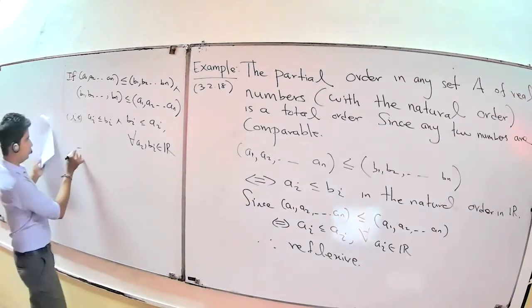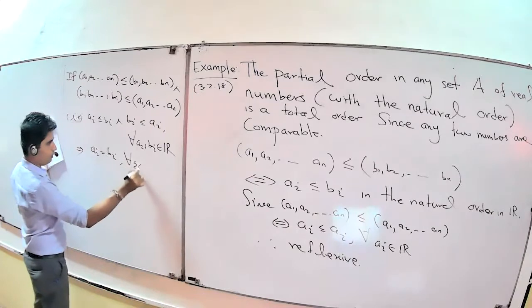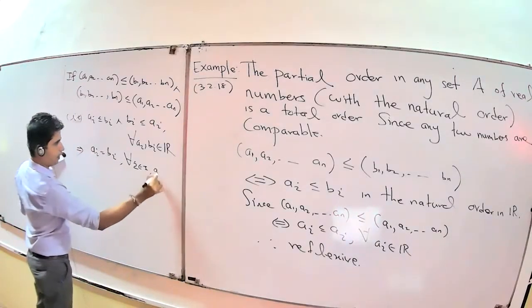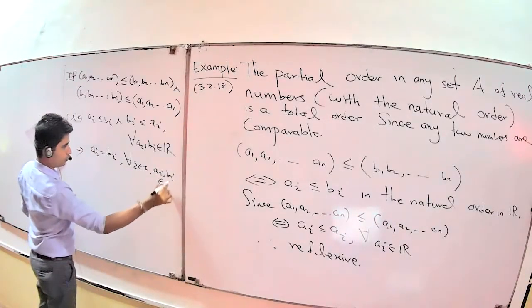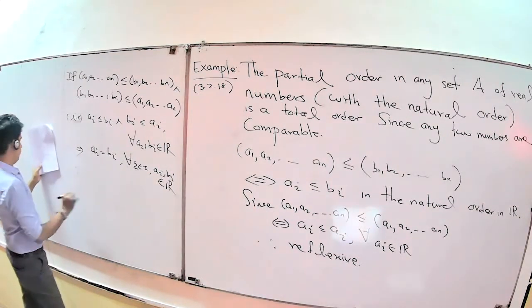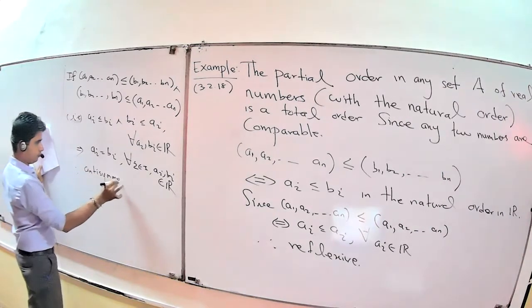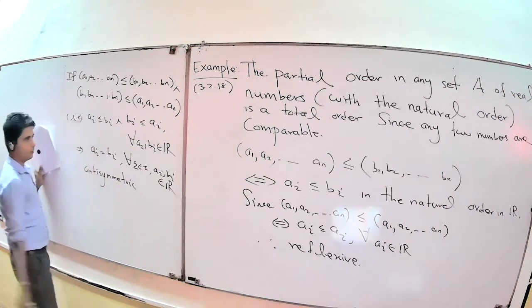Therefore, from these two, ai equals bi for all i belonging to the index set. Therefore, this relation is antisymmetric.